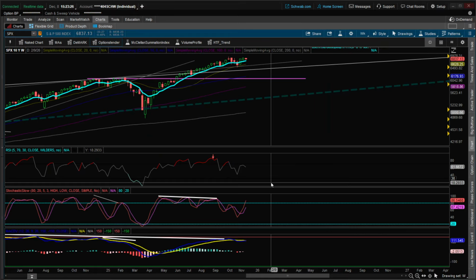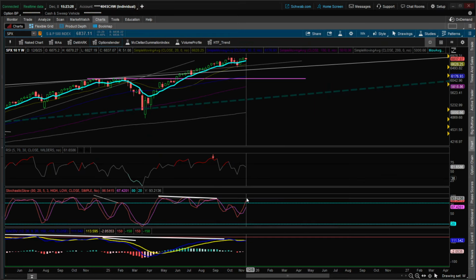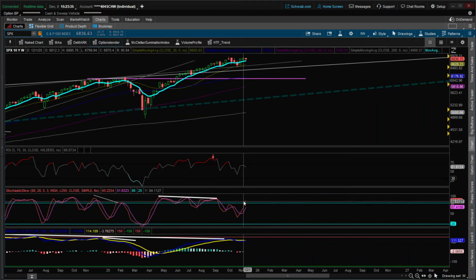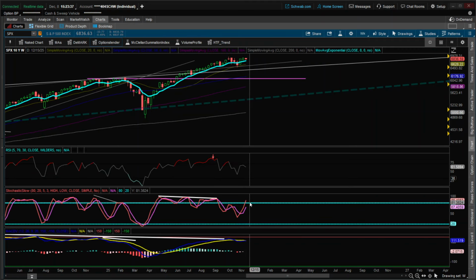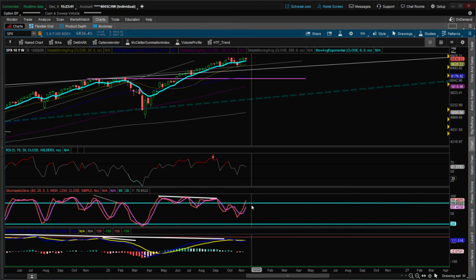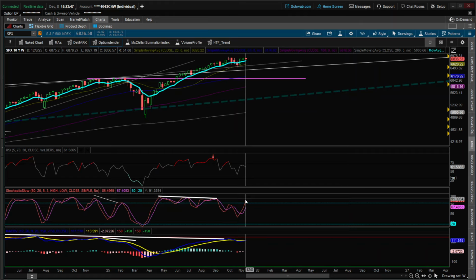So at the indicators, we had the slow stochastic moving back up. We had negative divergence here, so we're going to keep an eye on this one. We're already up to the overbought territory, but we'll see where we end up and see where this week closes to see if we start maybe getting a crossover here.